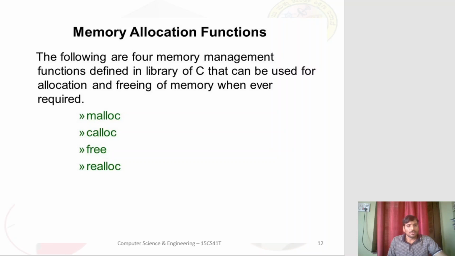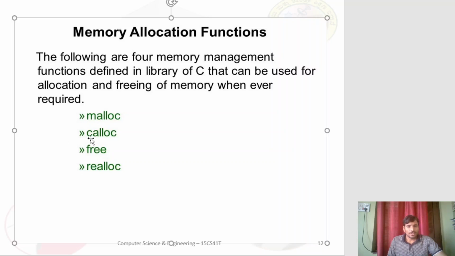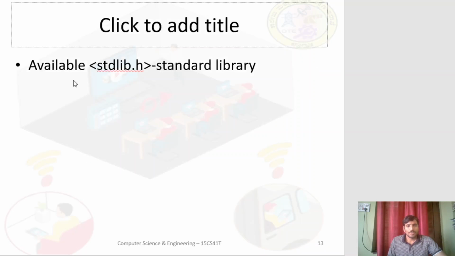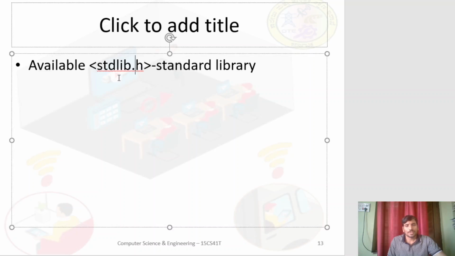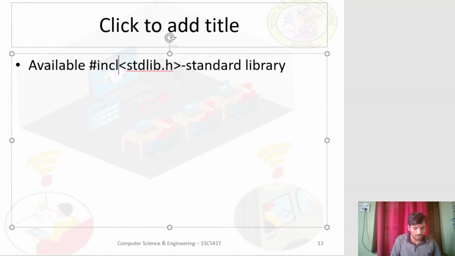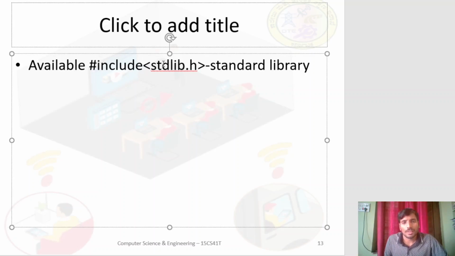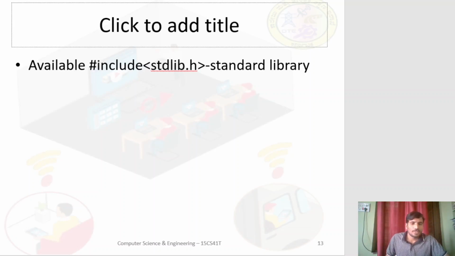These four functions, malloc, calloc, free and realloc, are available in the standard library header file, that is stdlib.h. Whenever you use these functions in your program, you must include stdlib.h. You must remember this point.